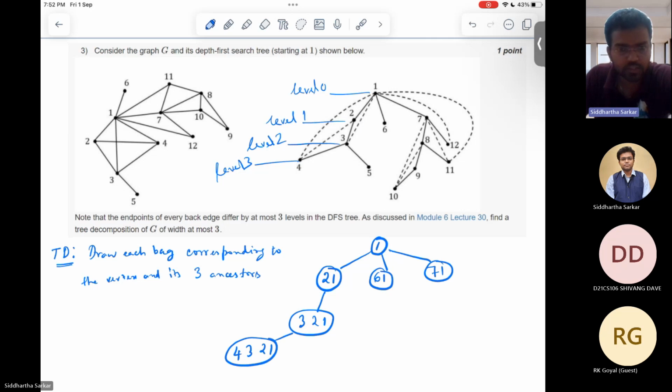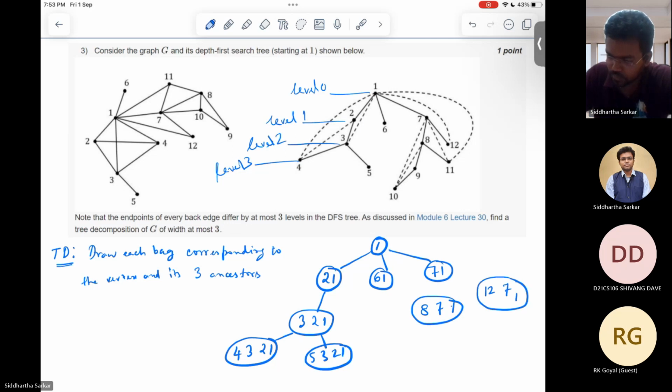Five's ancestor is three two one. So this one is another bag. Eight's ancestor is seven and one. Twelve's ancestor is seven and one. So are you getting what I'm doing?